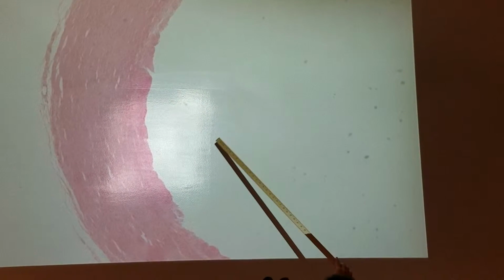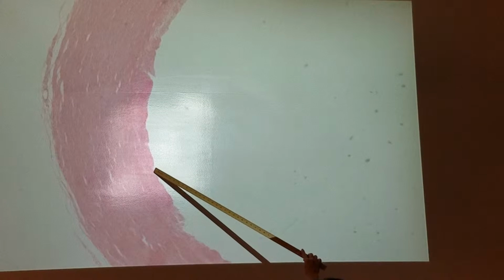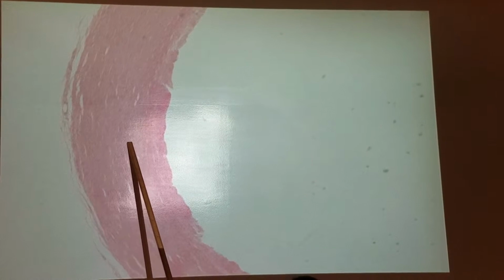All right, so what do we call this big open space? Lumen. From the lumen, the inside layer would be the tunica intima. If it's pointing toward the inside of the lumen, that's your tunica intima. If it's pointing on the outside where it's kind of flaking off here, tunica externa, and then all of this, tunica media. That's all muscle layer.